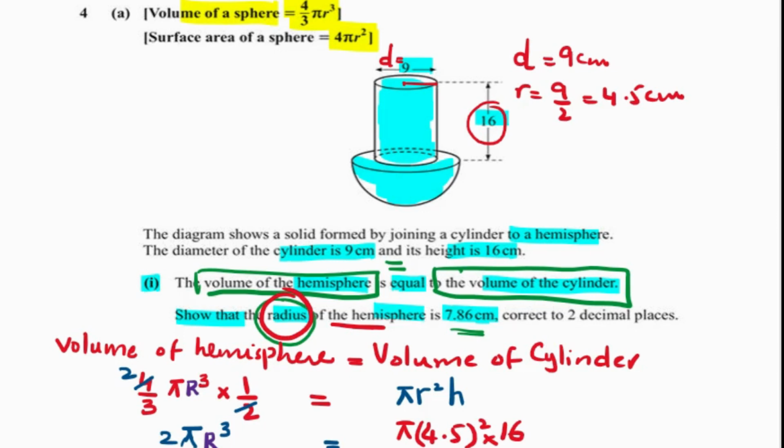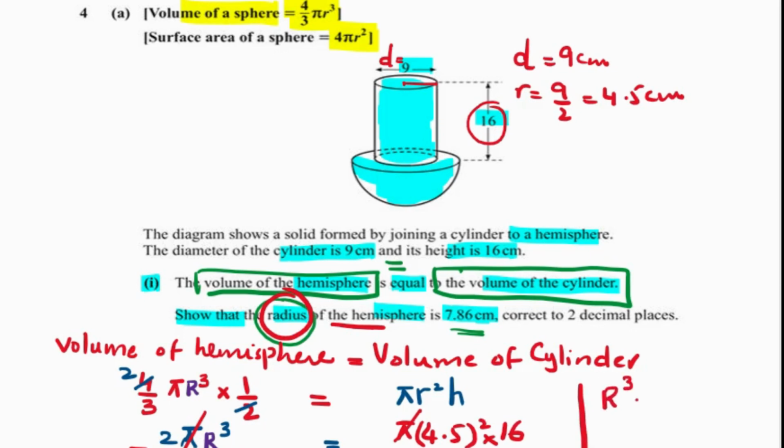Okay, now this is the time to manipulate this algebraic expression, in fact equation. So I will move all the fractional coefficients to the other side, and I need to isolate R here, and here you can observe we can cancel the pi. So 4.5 square multiplied by 16, and this 2/3 will become 3/2, right?